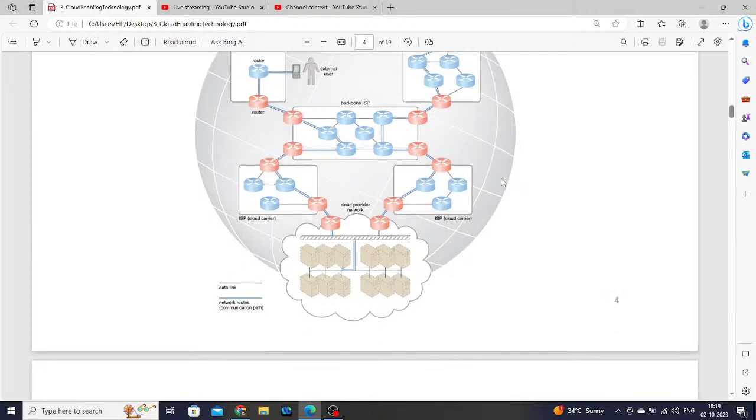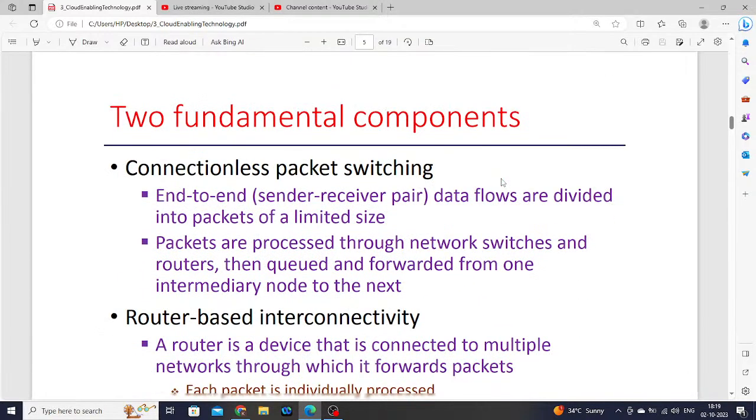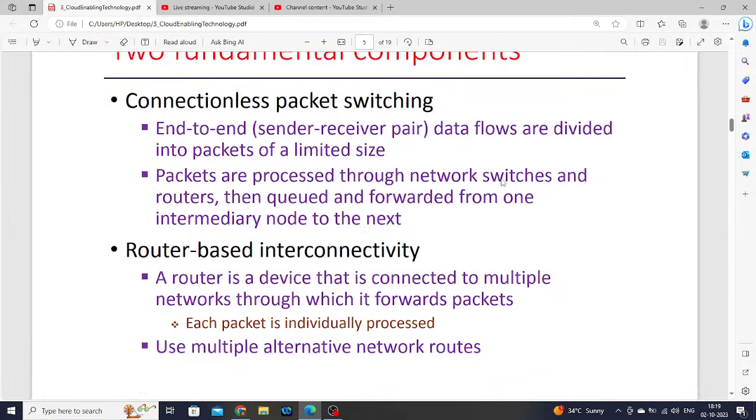Two fundamental components of this are connectionless packet switching and router-based interconnectivity. Connectionless packet switching means, between an end-to-end sender and receiver pair, data flows are divided into packets of limited size, and packets are processed through network switches and routers.